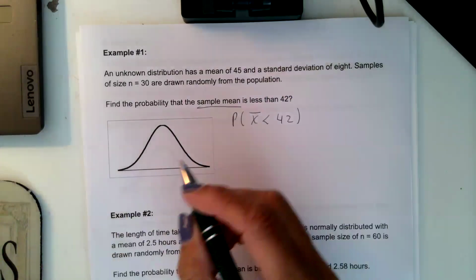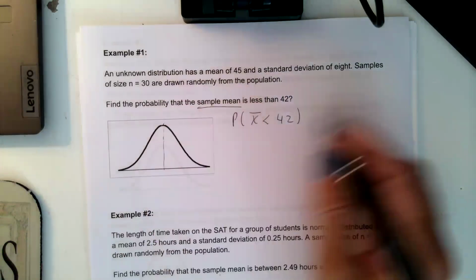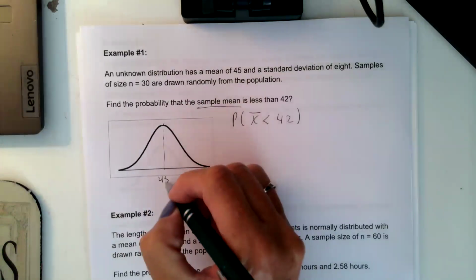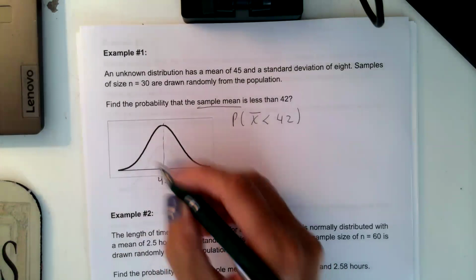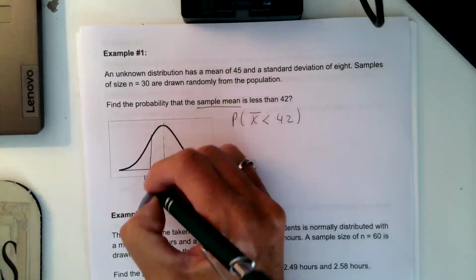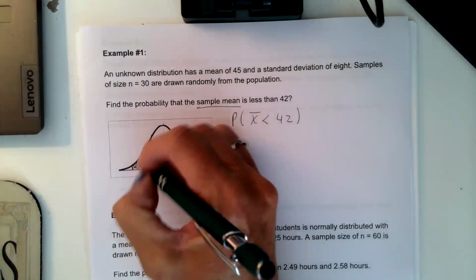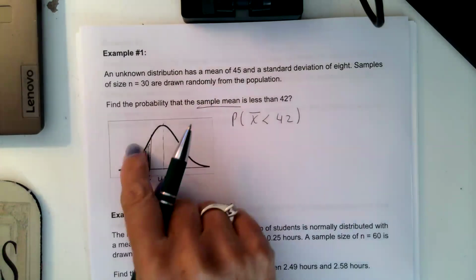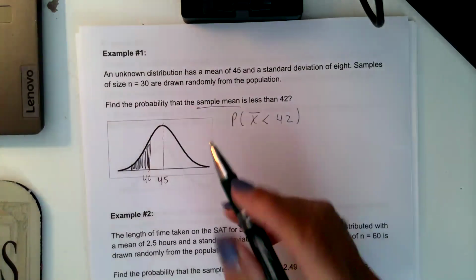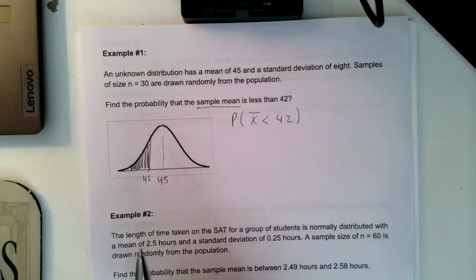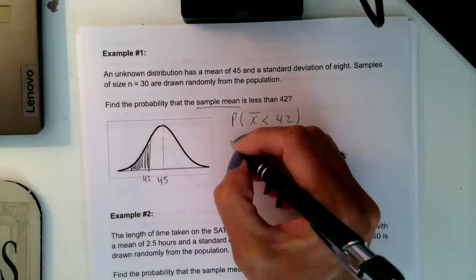Okay, so we're going to draw where our typical population mean is at 45. And so I'm going to mark 42, shade this in, and I'm looking for this probability. We're going to do exactly what we did in lesson 6.2, and that's finding the z-score for this.